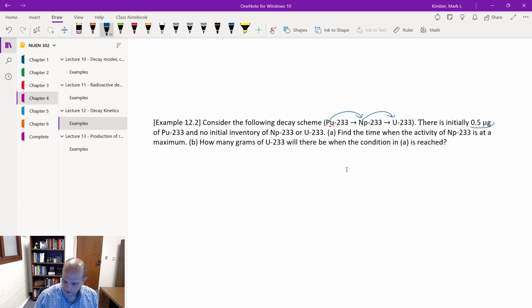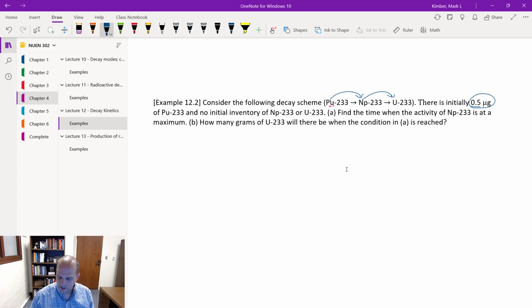Initially I've got 0.5 micrograms. That's my initial mass, and from that I can figure out what my initial inventory is. And I have no initial inventory of either of the two daughters.